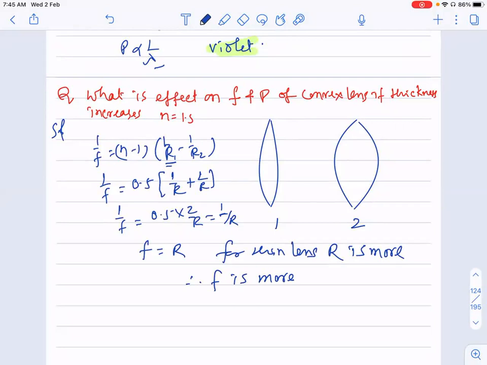And thick lens के लिए रिवर्स हो जाएगा ना. For thick lens, R is less. Therefore, F is less.